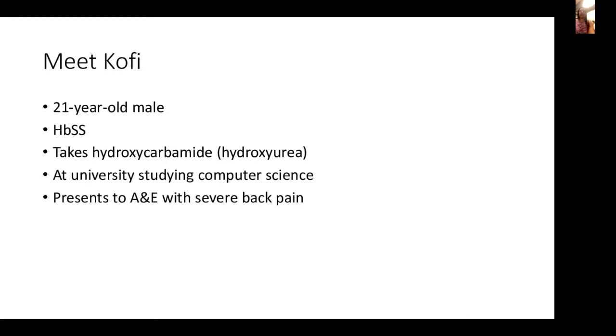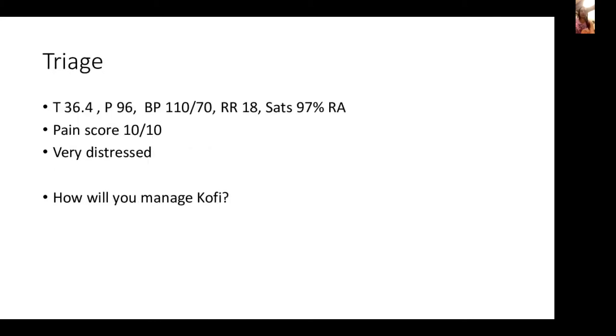Looking at the triage, he's afebrile, heart rate slightly elevated, but that could be due to pain, given that his pain score is 10, although blood pressure and SATs are acceptable. He's very distressed, so we need to manage him.